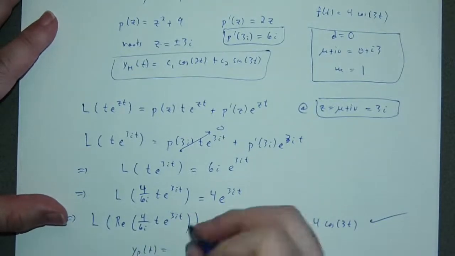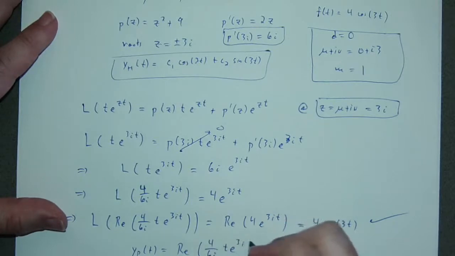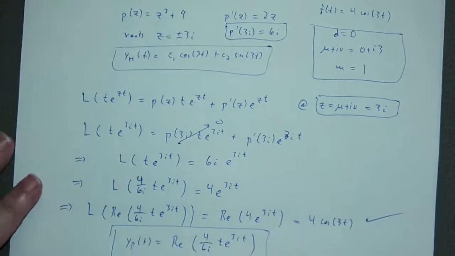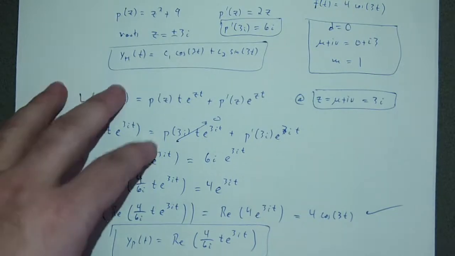So y sub p of t is the real part of 4 over 6i t e to the 3it. But I actually have to figure out what this thing is. So let's do that.